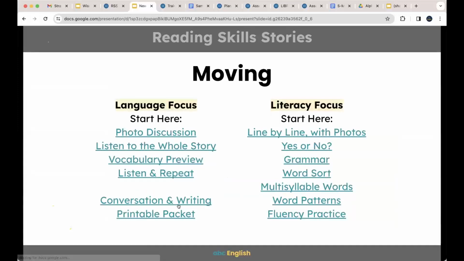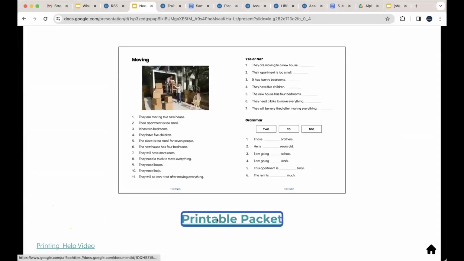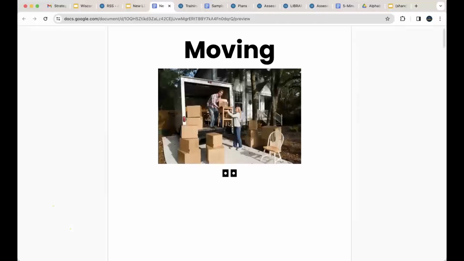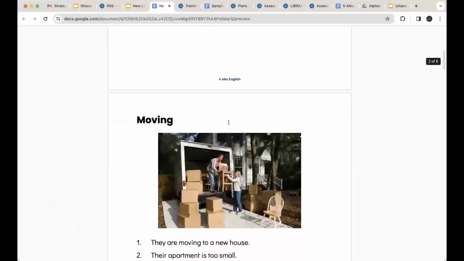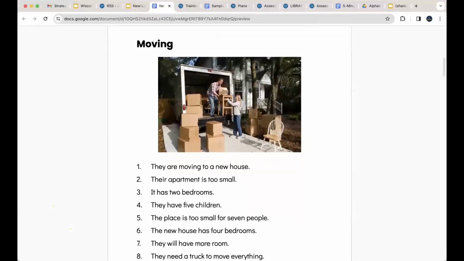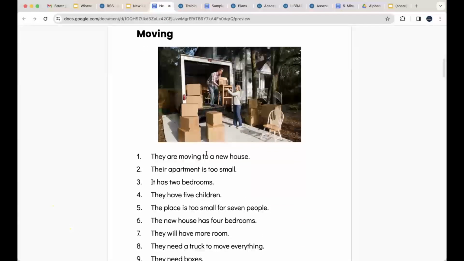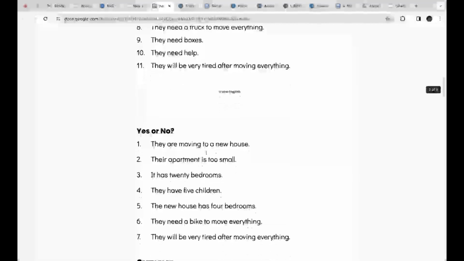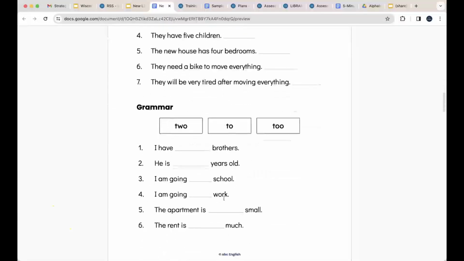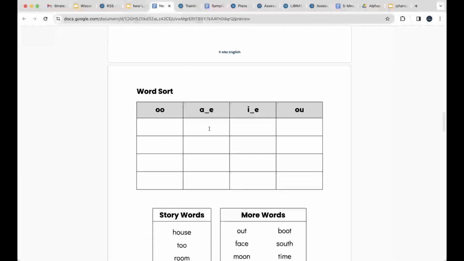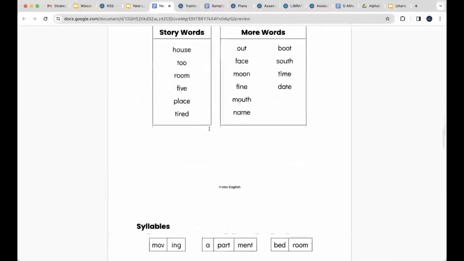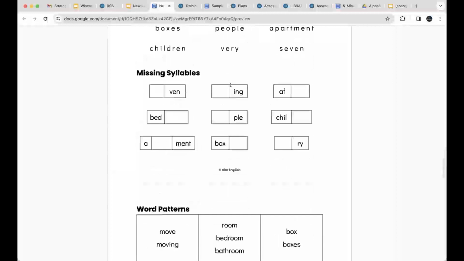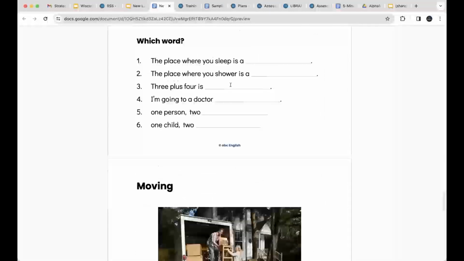So after we've listened to the story and repeat lines one by one, at that point, I give the students a copy of this packet. We print out the packet for every student, and the student goes back to their table with their volunteer teacher, and they have the rest of the hour to read this out loud together, talk about these comprehension questions, do a little grammar activity, word sort based on phonics patterns, some multi-syllable word work, some vocabulary work.